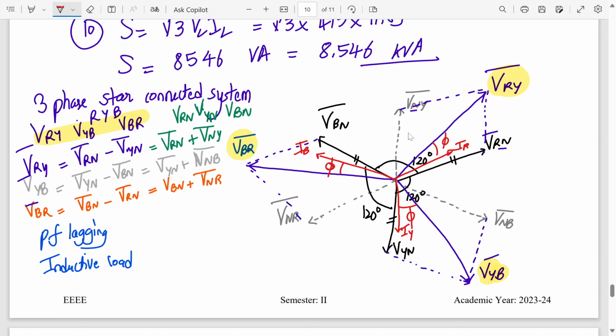So this completes it. See, phi is the phase angle between line current and line voltage. Okay, line current and line voltage.